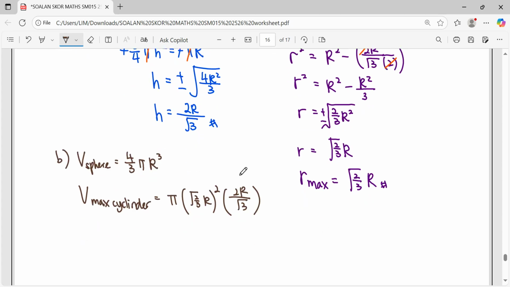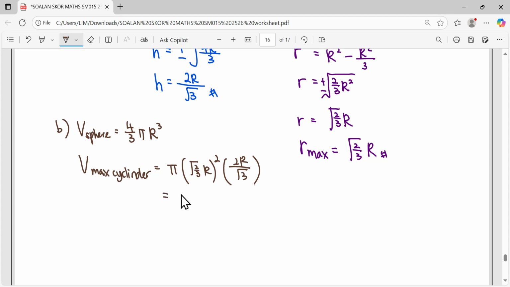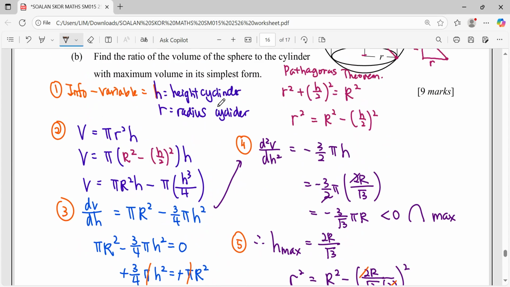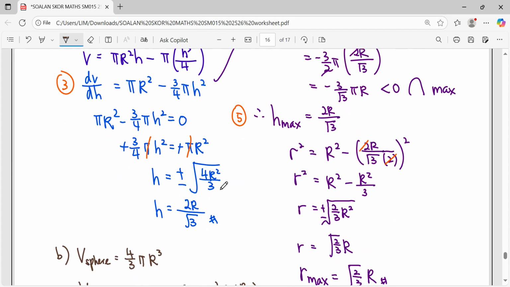Alright, let me simplify first. This is pi, when we square, we get 2 over 3 R square, and then this is 2 over 3 R. So together 4 over 9 pi R cubed. Alright, the question asks for the ratio of the sphere to the cylinder.